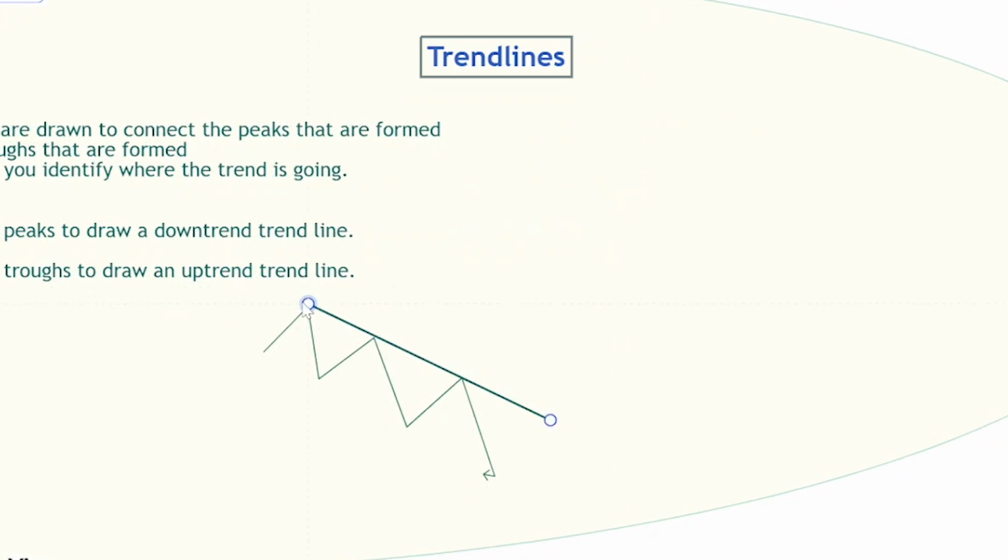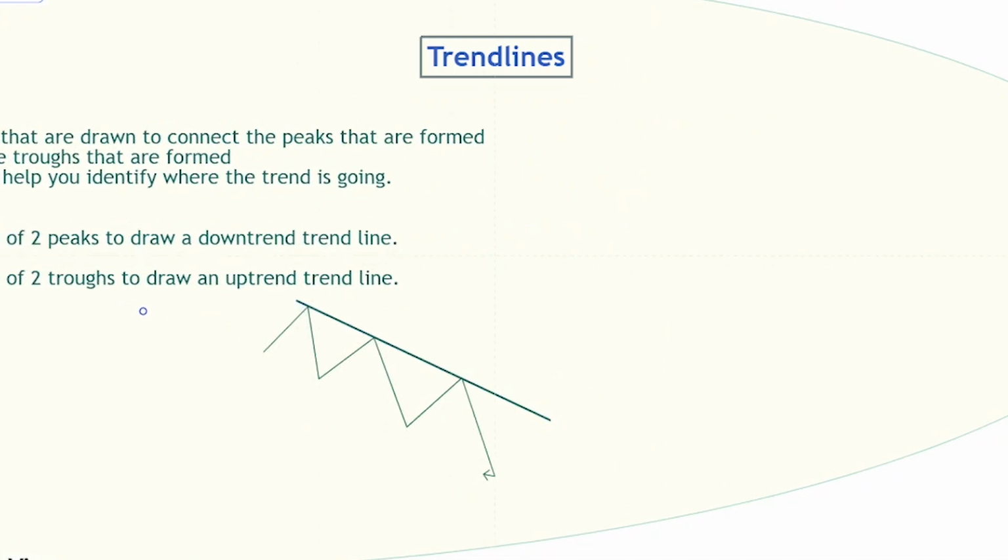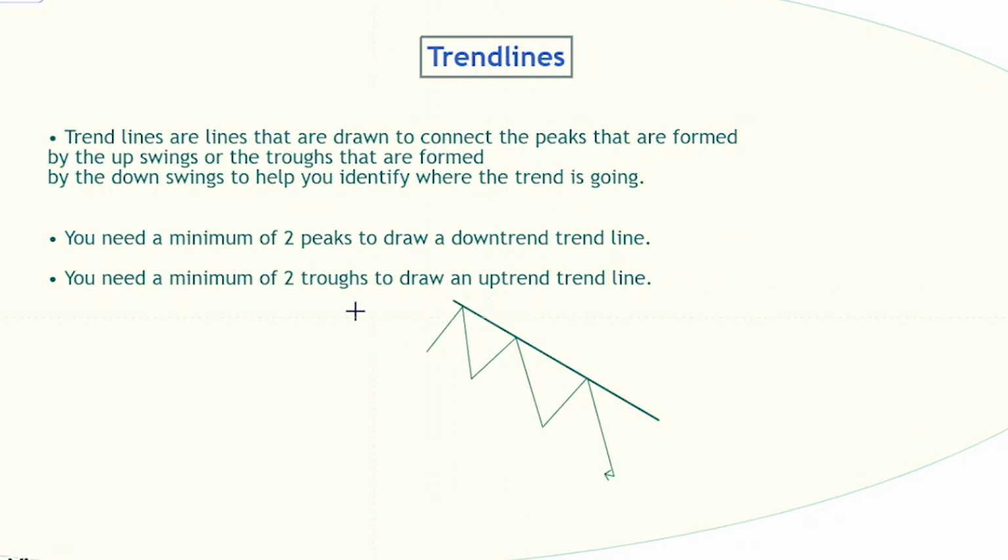We started from where the trend formed. We created a resistance from this area. We are moving down, so we need to connect the peaks or the highs from where we are selling from, which is the high, and that is a resistance. Remember, we talked about support and resistance in our previous video.